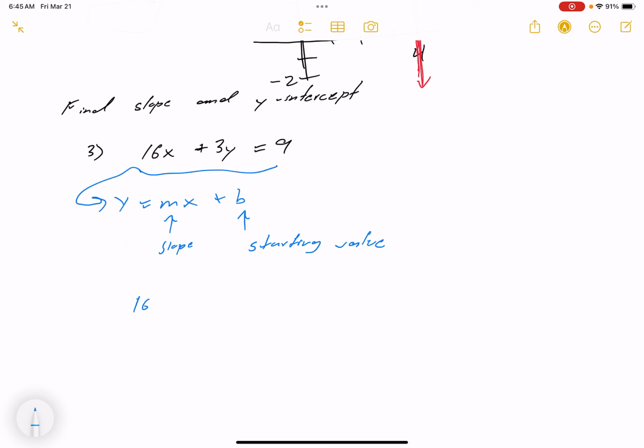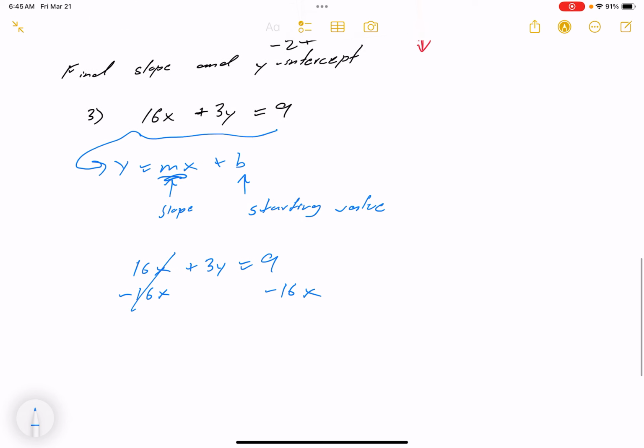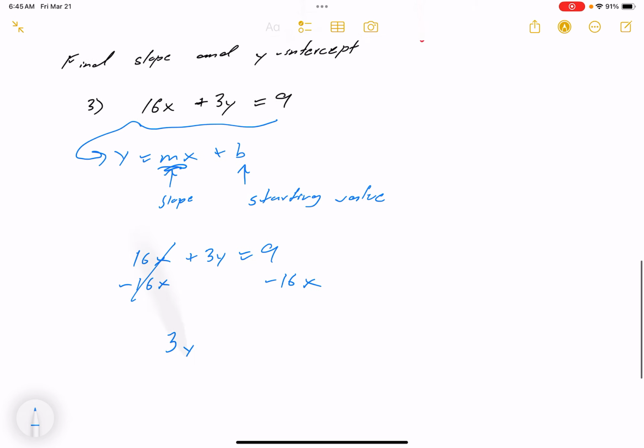So our equation that we have here is 16x plus 3y equals 9. In order to get this into that format, we want to subtract 16x from both sides. These cancel out. We're left with 3y equals 9 minus 16x.